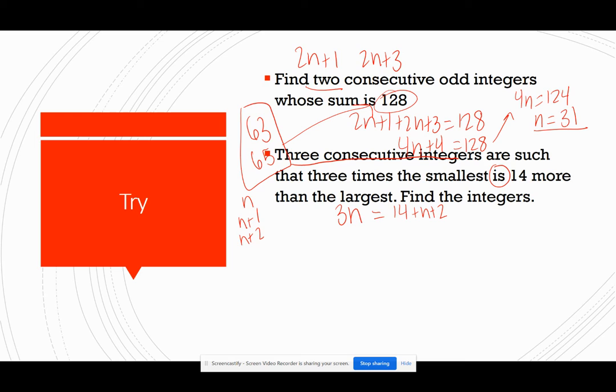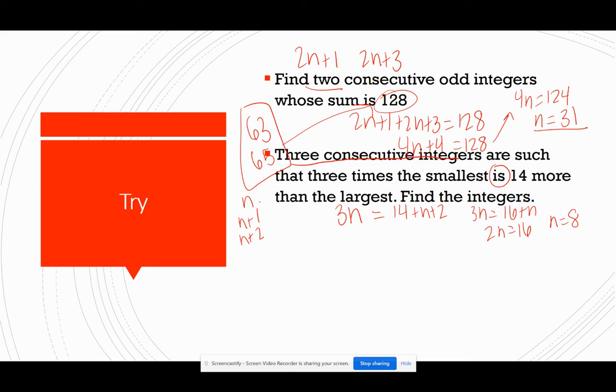As you can see, we don't even use the second one, but it doesn't mean that we don't have to find out what it is. It just means that it's not important for solving the equation. So combine our like terms. 3n equals 16 plus n. Subtract n, we get 2n equals 16. So our n is 8.